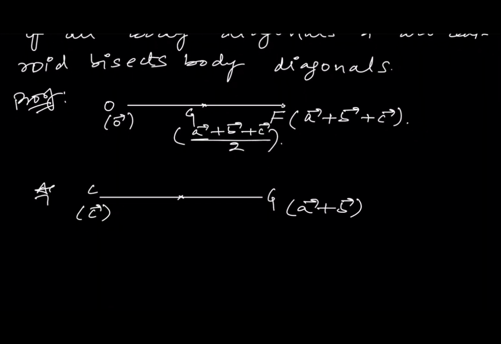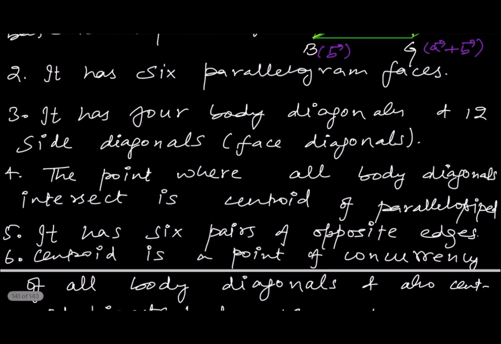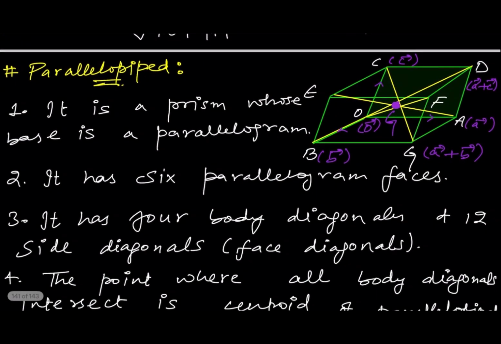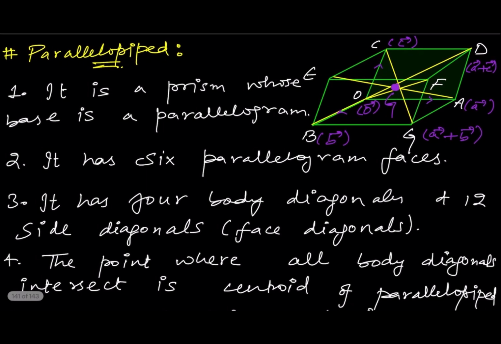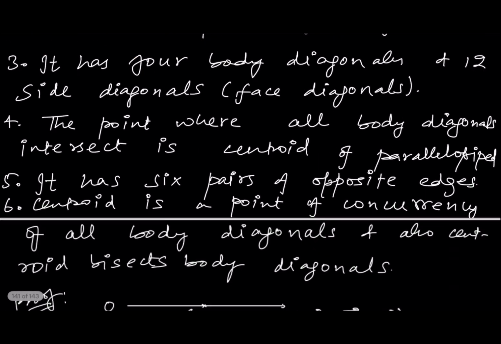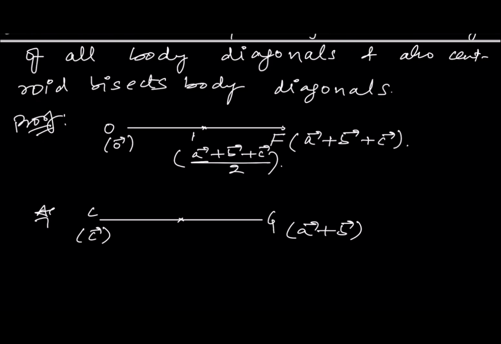Say this is not G, this is H, and say the midpoint of CG is H dash.